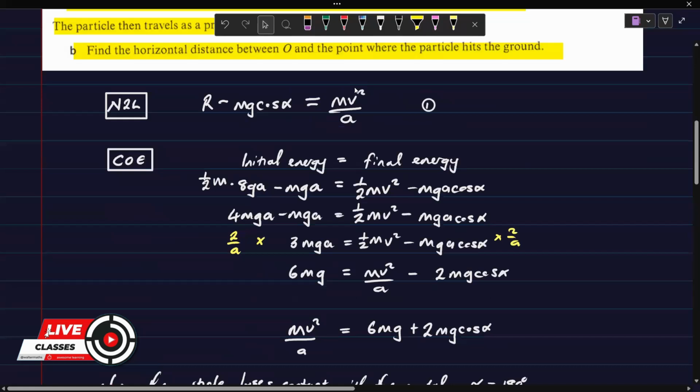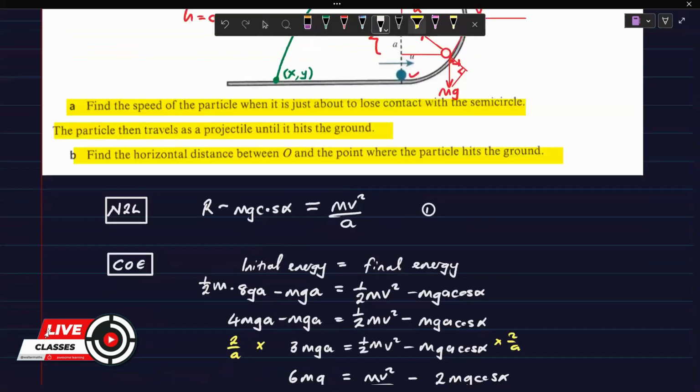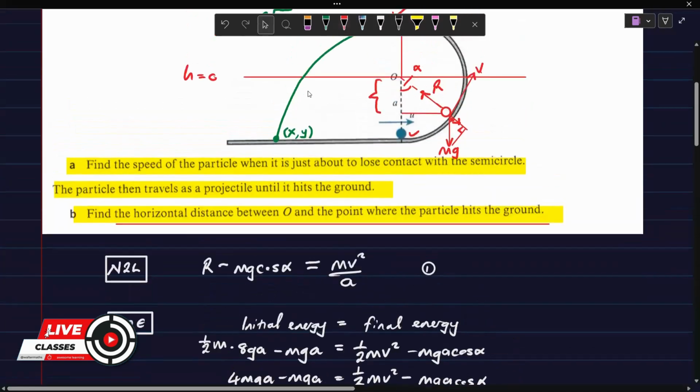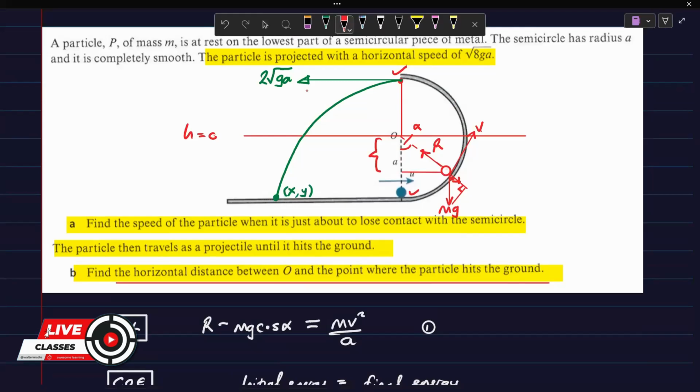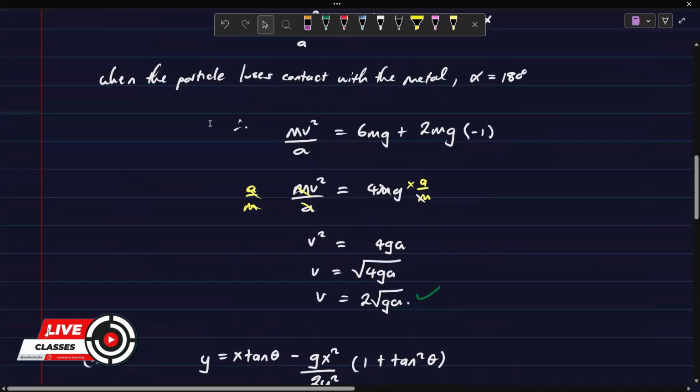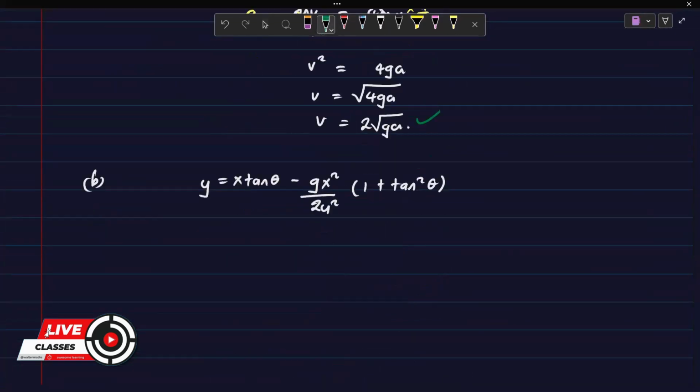Now, the question says we should find the horizontal distance, all right? The horizontal distance between O and the point where the particle hits the ground. So the horizontal distance is actually this distance. That's actually what we're looking for, which in our case is x. So we are actually looking for x, all right?